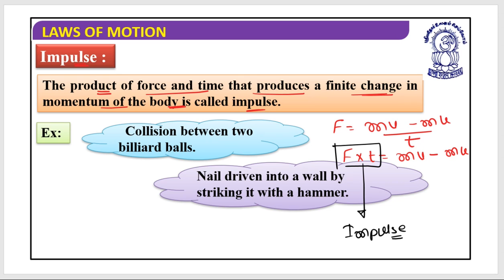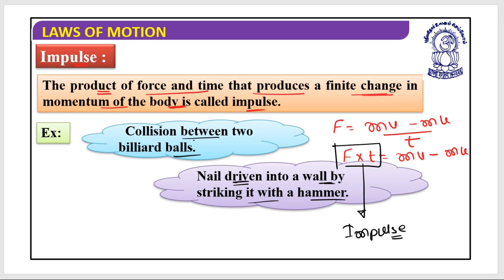So consider the different cases. Let's say it is a collision between two billiard balls, and while they collide, they can create a finite amount of change in each of the striker and each of the skew. Yes, so it can change the velocity of both. Second case, it's a nail driven into a wall by striking it with a hammer.